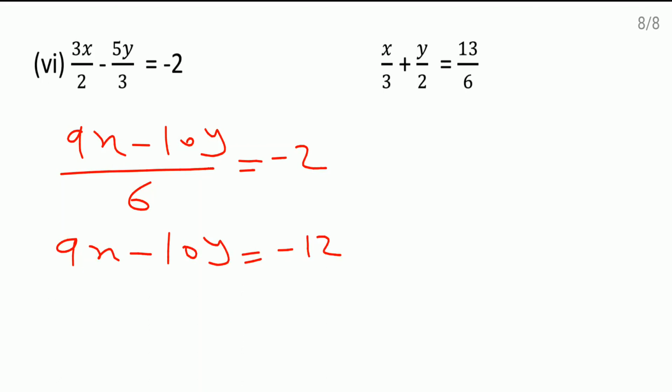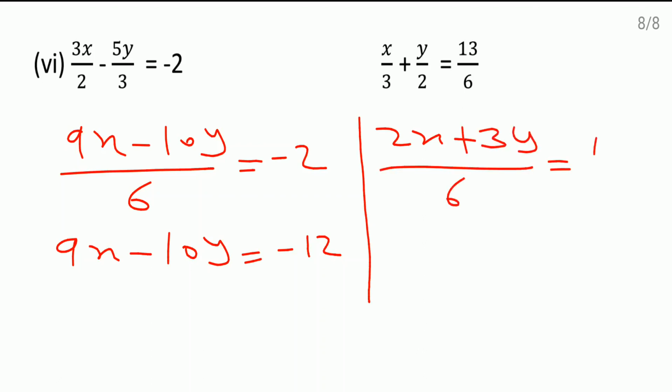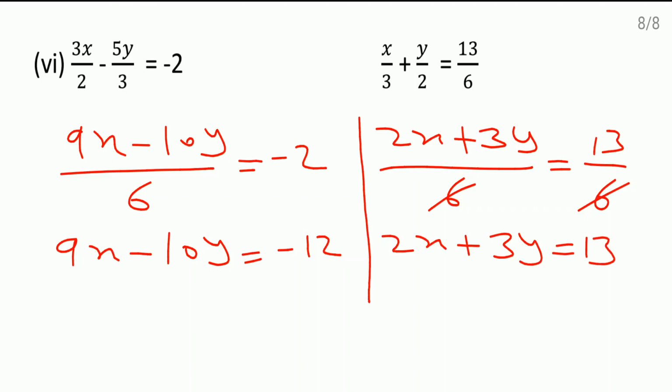Now come to the second equation here. Here 2x plus 3y divided by 6, which is equal to 13 by 6. From both the sides we can remove this 6. So it is 2x plus 3y, which is equal to 13.